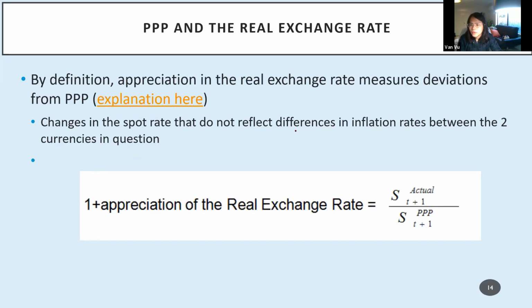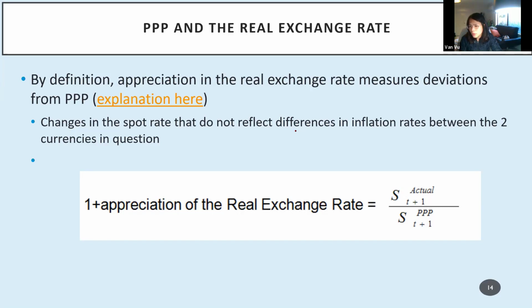So we have talked about relative PPP and inflation rates, okay? Inflation rates is the change in the price and it doesn't change real values, okay? But what happens if the PPP changes and there is no corresponding change in the exchange rate, okay? So whenever there is a change in the exchange rate, we expect to see a corresponding change in prices.